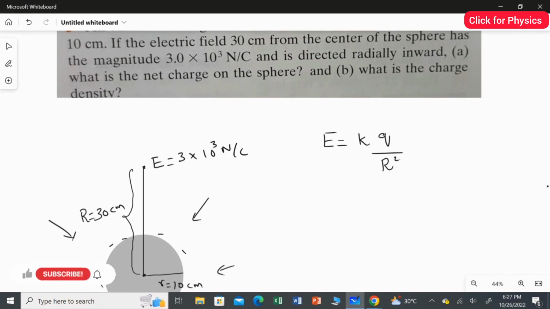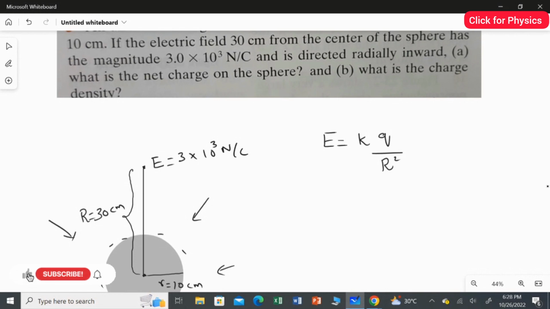Don't put small r, okay? Because this small r is the radius of the sphere. We are going to find the electrical field based on this distance, because of which the charges have the field lines in the radially inward direction. So I have to use capital R here, and by using this equation, I am going to rearrange it in terms of charge.